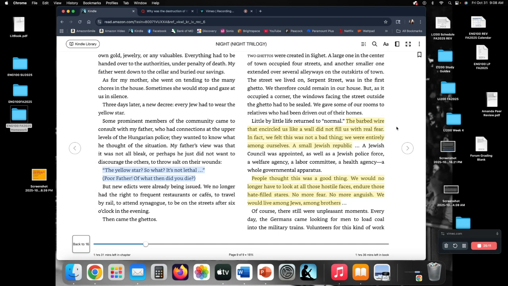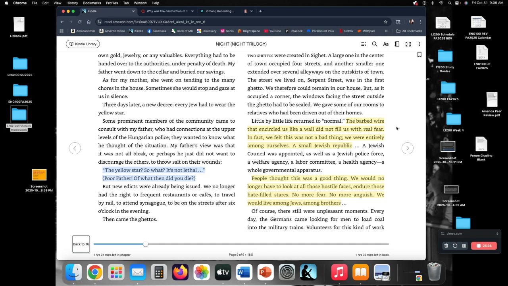For most people, night is rest. It's a peaceful time. It's a time to recharge. It's a good thing. But night in this book obviously can represent evil. It can represent moral depravity, and that would be on the German side. For the Jews, it obviously means absolute despair and no hope.